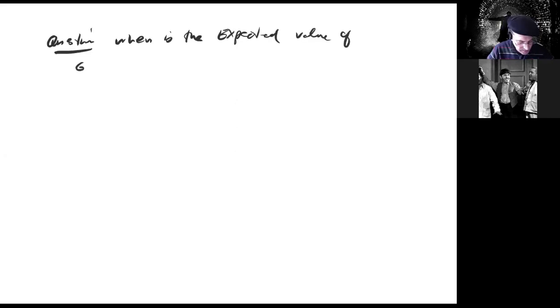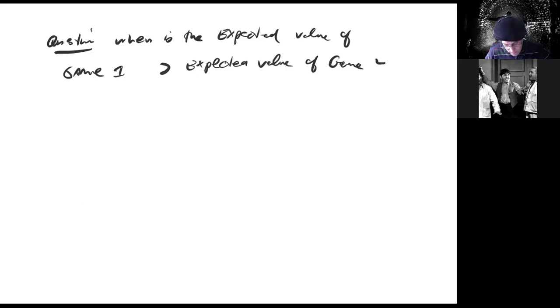So here's a question. When is the expected value of game 1 bigger than the expected value of game 2?